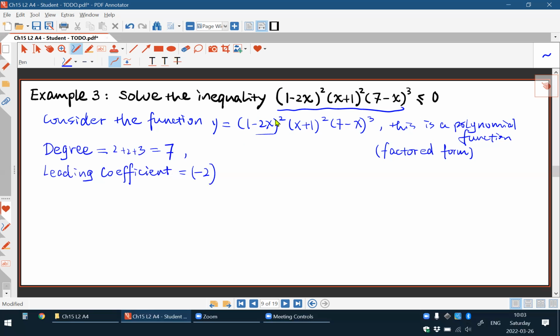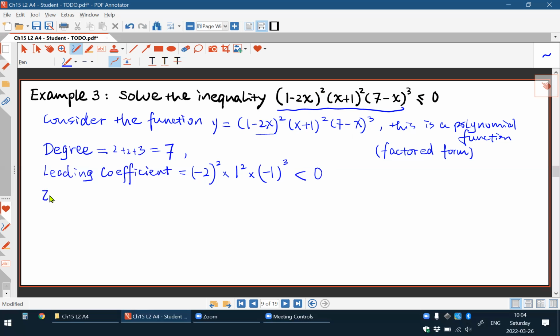Because there is a square, so -2 squared times 1 squared times, this is -1, right? So -1 is the leading coefficient of this binomial. Do not forget there is a cube here. Sometimes you don't even have to calculate the value. As long as you can decide whether it's greater than 0 or less than 0, that'll be fine, because you want to solve the inequality. So this is positive, negative, that must be a negative number.